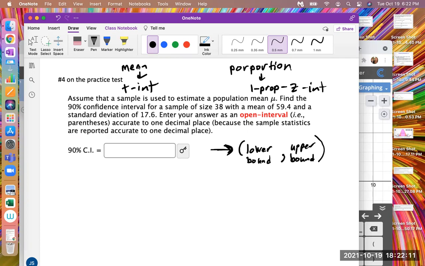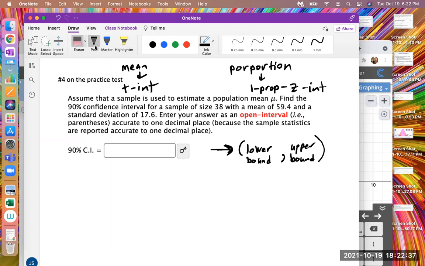And if this was one asking how many you need to sample, then you also would have a particular formula for the sample size for the mean, and there's a different formula for the proportion. So that's one of the biggest things you have to ask yourself at the very beginning of the problem, because that's going to change all of your answers: whether this is a mean problem or a proportion problem.